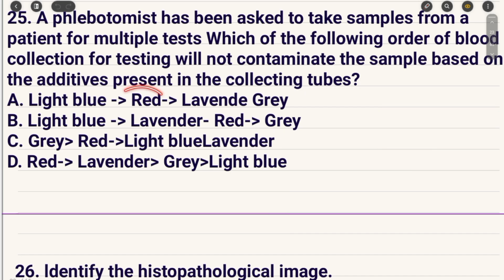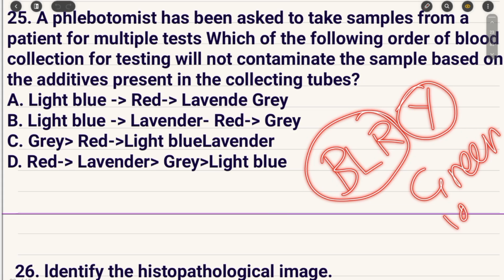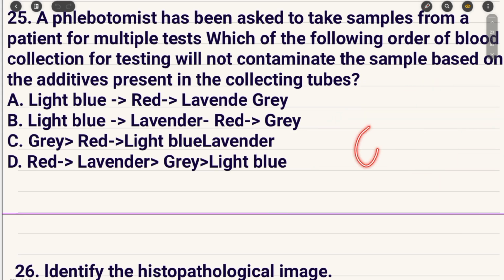Second option has red. Next comes Y. Here Y is yellow. Sometimes the blood culture bottle also will have a yellow color. So after red comes yellow. BLR Y, Bengaluru Y, green lava go, or you can remember green light go.